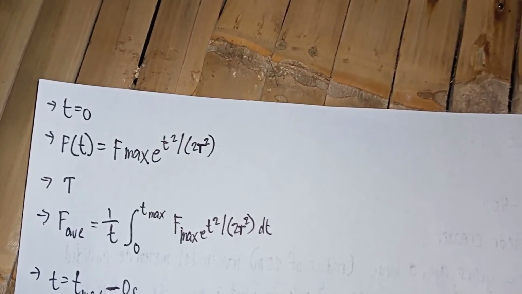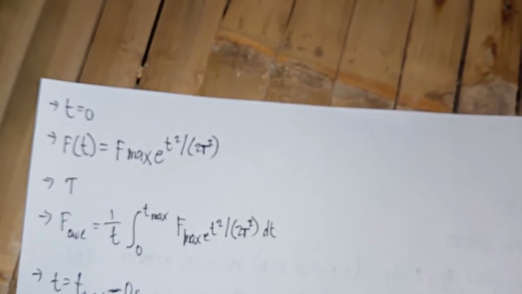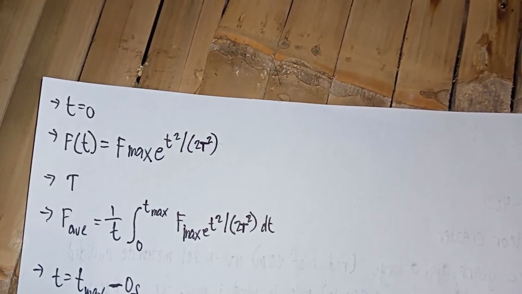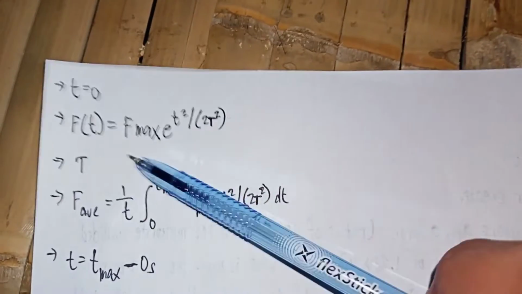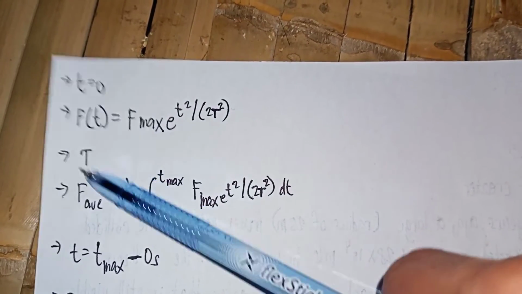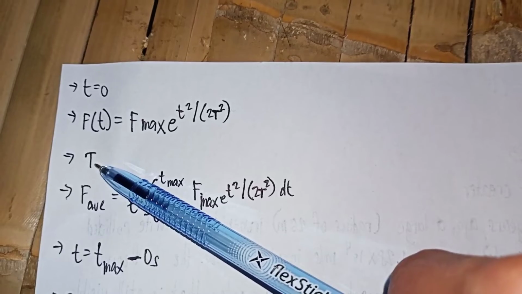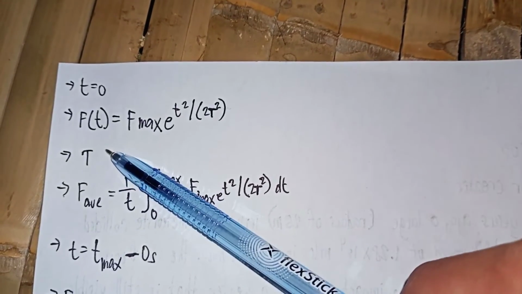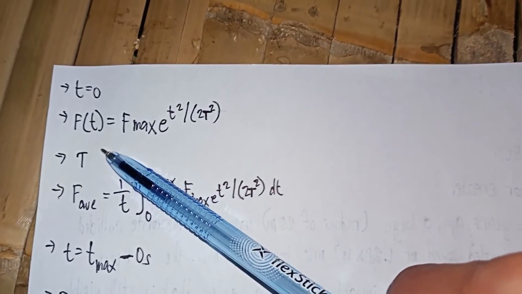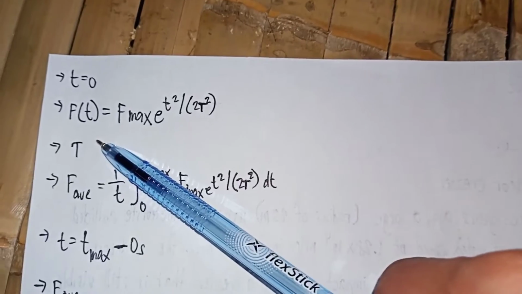It drops quickly toward 0. So the function is this. This symbol is the parameter that represents how rapidly the force decreases to 0.